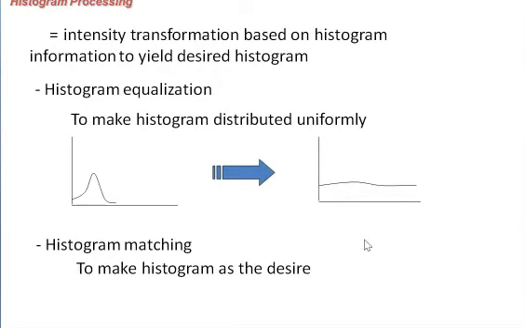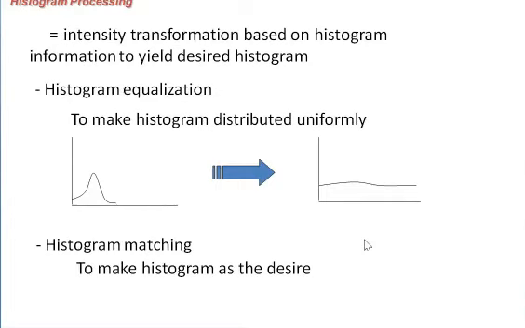In such a case, there is no standard formula. The user can develop a formula related to her or his intention, and related to that you can get the uniform distribution in the histogram. That is nothing but histogram matching or specification.